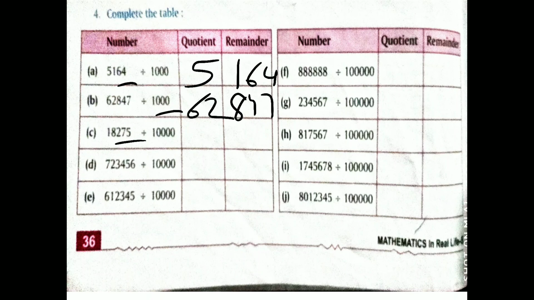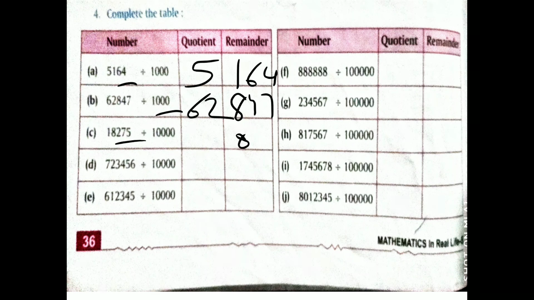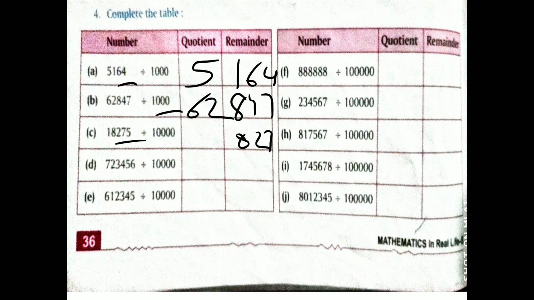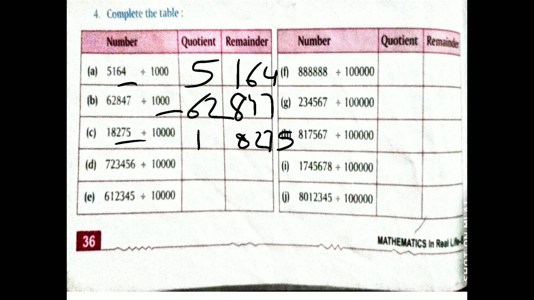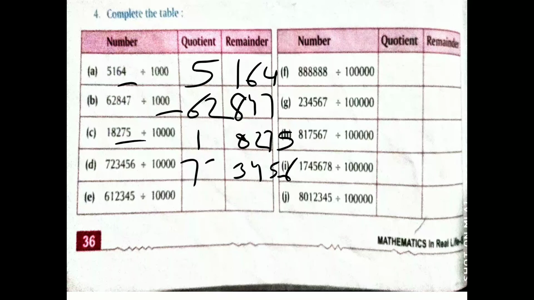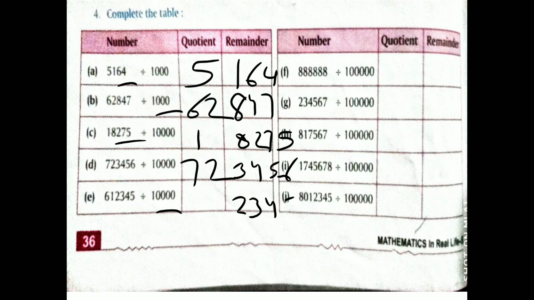Now there are 4 zeros, so I separate 4 digits, 8, 2, 7, 5, and 1 will come here. 1, 2, 3, 4. So you separate 4 digits, 3, 4, 5, 6, and here comes 72. Again 4 zeros, so 4 digits you have to separate. 2, 3, 4, 5. So here comes 61. Clear? Similarly, we do all the parts.